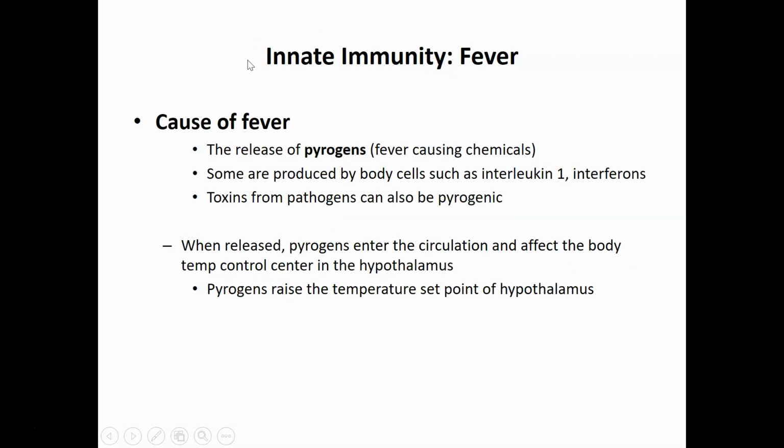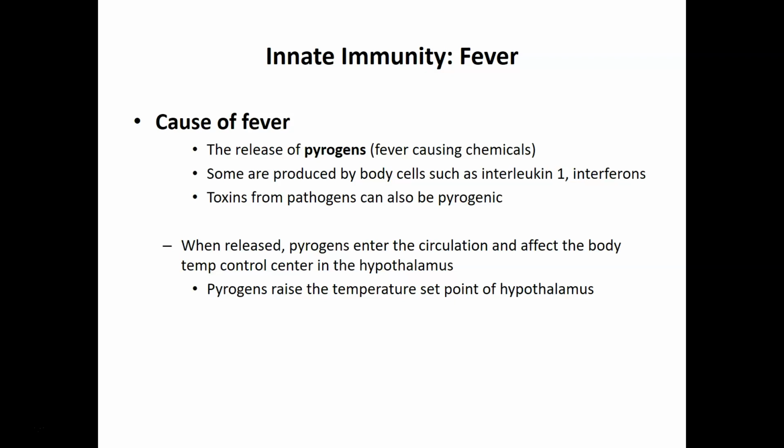What causes fever? So there are chemicals that can be released in an inflammatory response or from an infectious agent that are called pyrogens. Pyrogens are chemicals that cause a fever.